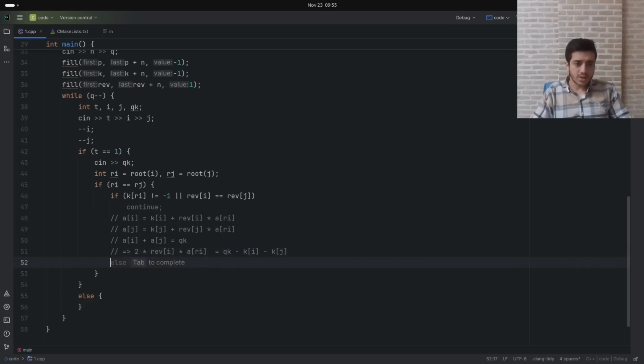And finally, that's easy to find the A of R I, which is this divided by what? This, right?